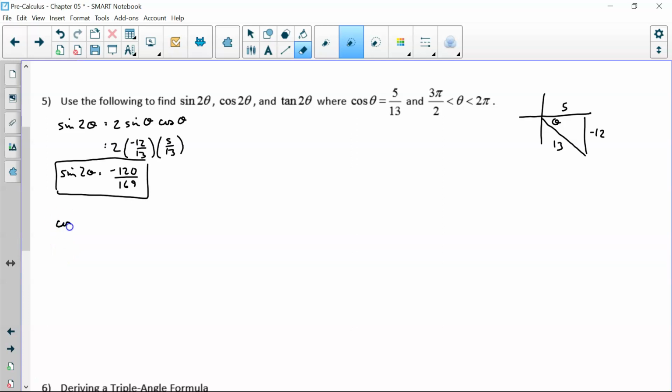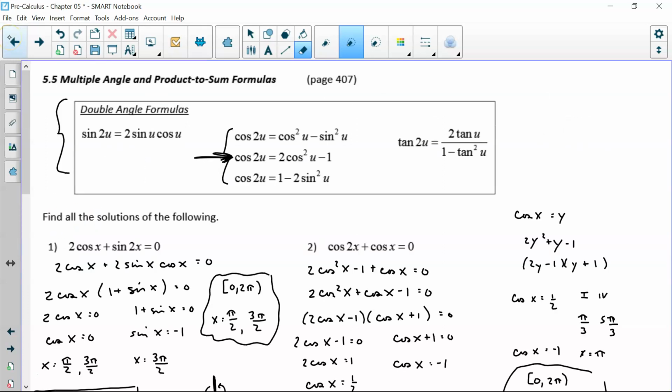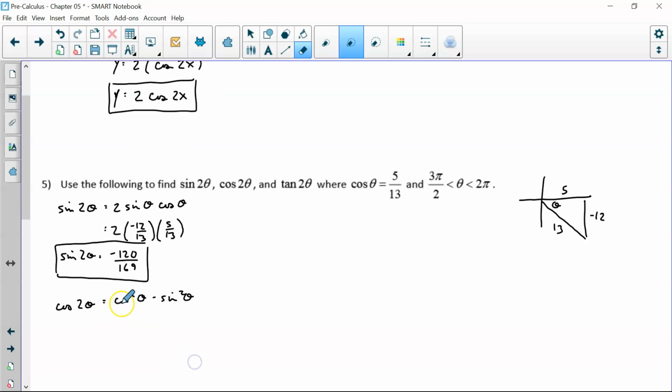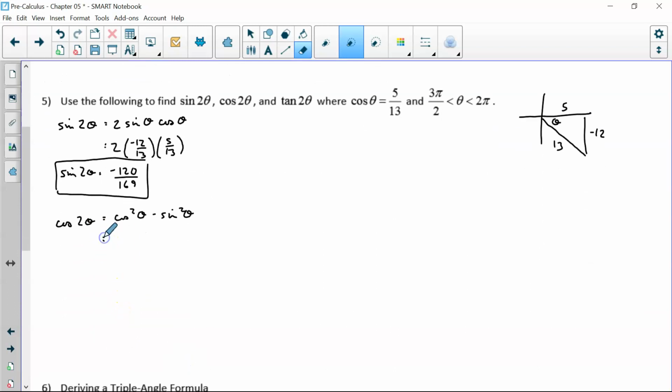For the cosine of 2 theta, we have any of those 3 that you want to use. There's no wrong one to use. Let's do cosine 2 theta equals cosine squared theta minus sine squared theta. Any of the three would work. So for cosine squared, cosine is 5 over 13.